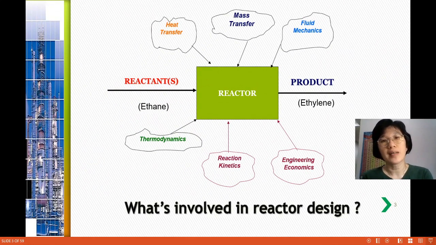To solve the chemical reaction engineering problem, as what you learned in CRE, I think most of you maybe are taking CRE 2, but you have learned all this in CRE 1. The knowledge required is, of course, thermodynamics, reaction kinetics, engineering economics, heat transfer, mass transfer, and also fluid mechanics.